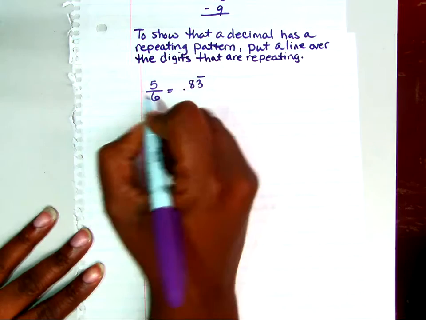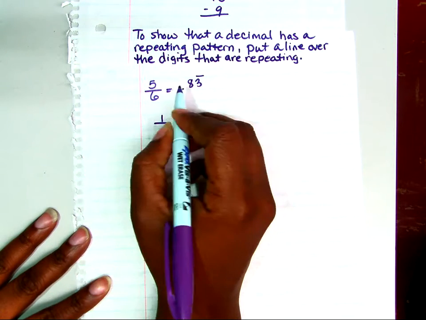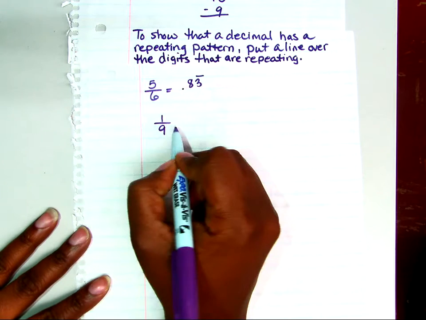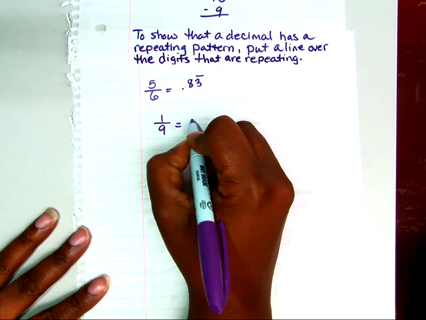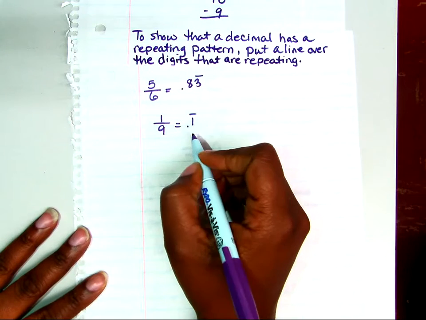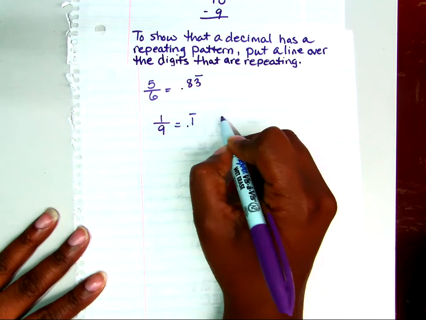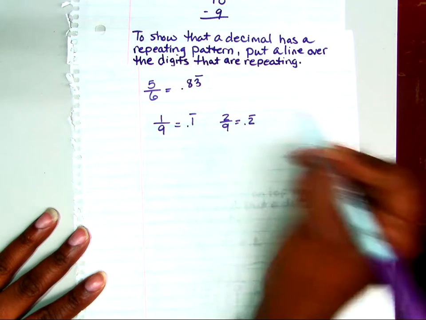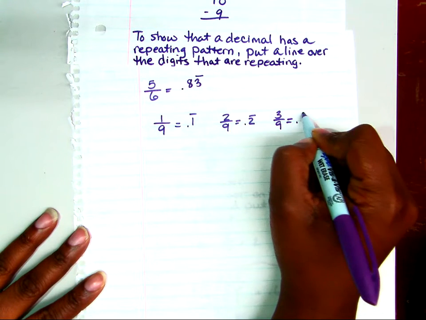Next, this is the last thing I want to show you. Another rule: anytime you see a number over 9, you take the number on top, put it over here, and then put a repeating symbol over it. So 1 over 9 is 0.1 repeating, 2 over 9 would be 0.2 repeating, 3 over 9 would be 0.3 repeating, and so on.